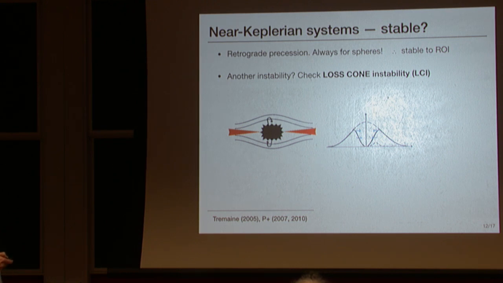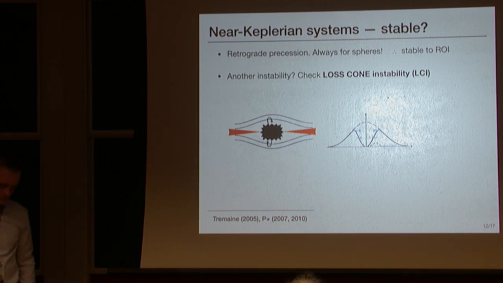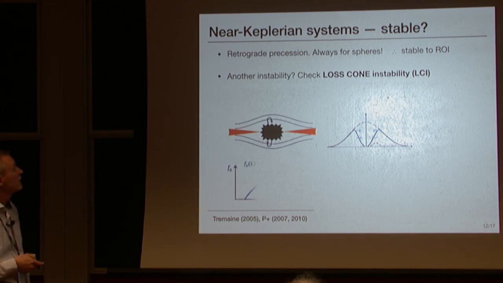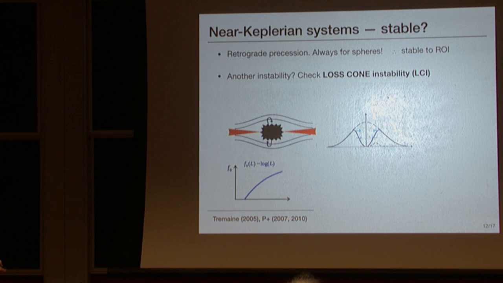So you have a loss cone, and this loss cone produces loss cone instability, which leads in turn to an increased loss cone filling rate. In gravity, such distribution functions can be obtained, of course, by tidal disruptions like this.